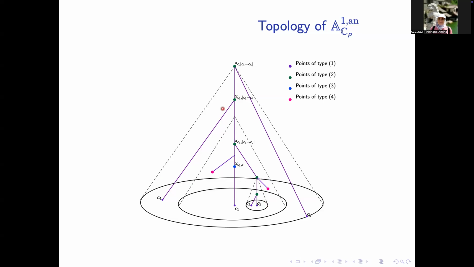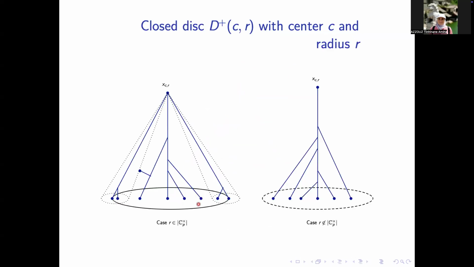This is just, let's say, a small picture of the analytic line. More precisely, it is the closed disk with center C1 and radius equal to this value. But the difference, as I said, is that if R is not in the group of absolute values, then there is no point linked to here.